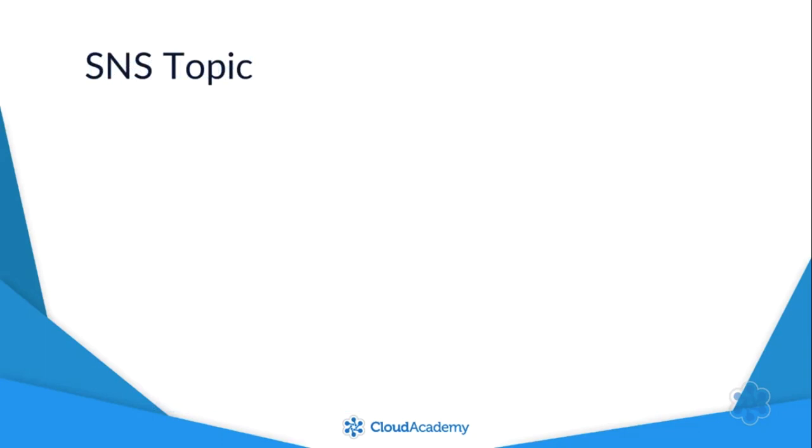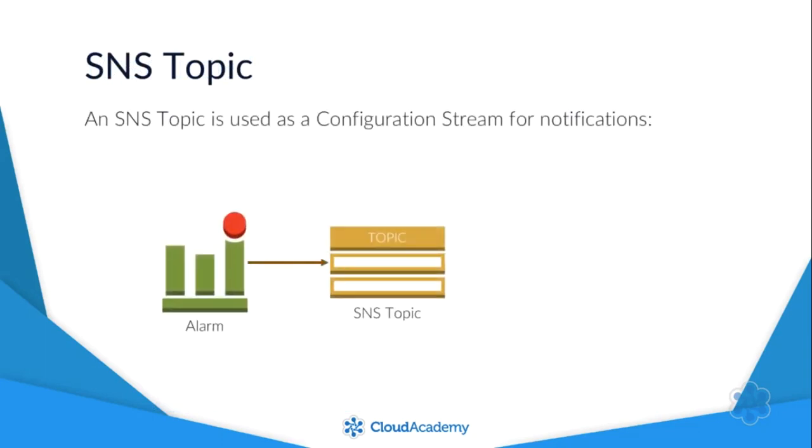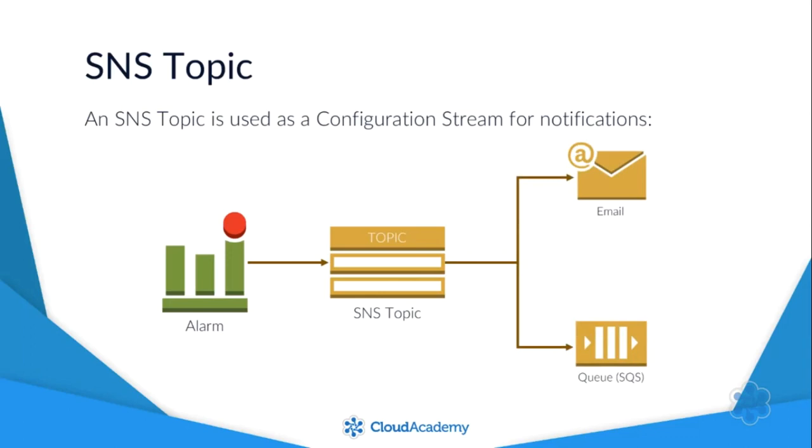As we have already seen, an SNS topic is used as a configuration stream for notifications of various events triggered by AWS Config. You can have various endpoints associated to the SNS stream. Best practice indicates that you should use SQS and then programmatically analyze the results via SQS.